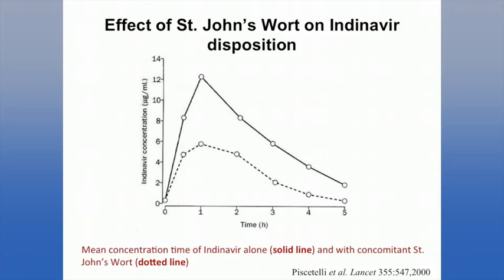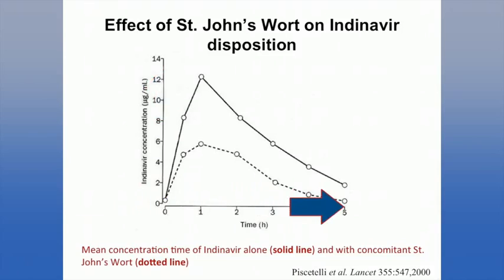And let me walk you through this particular depiction. This solid line here is indinavir on its own. So this is a group of research subjects who were on their routine regimen for indinavir. This shows the plasma concentration of indinavir in their bloodstream, and this shows the effective time.